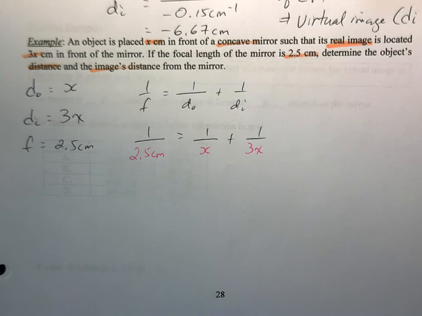Now, we might say this looks ugly. It does, but we're going to do a little bit of work on this because we can certainly iron out some of the wrinkles. Now, what we're going to do here is work with the right side. If we can get one fraction equals just a single fraction, that will make our life easier.